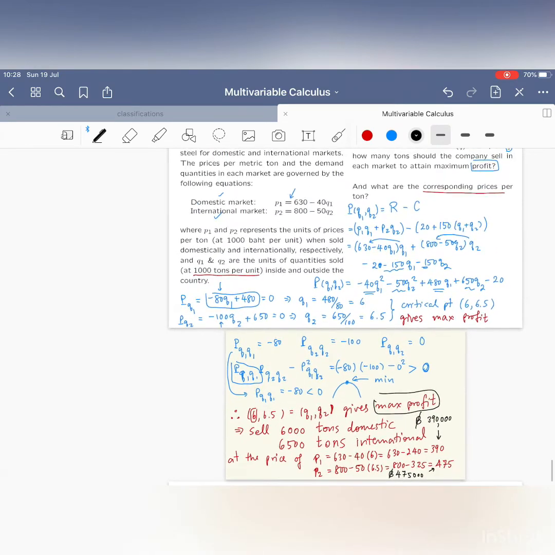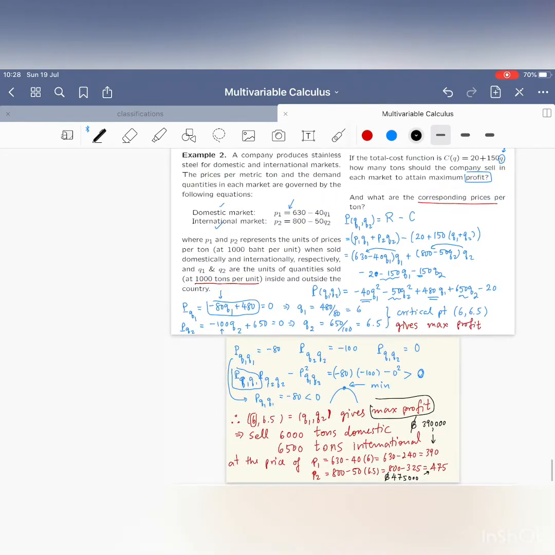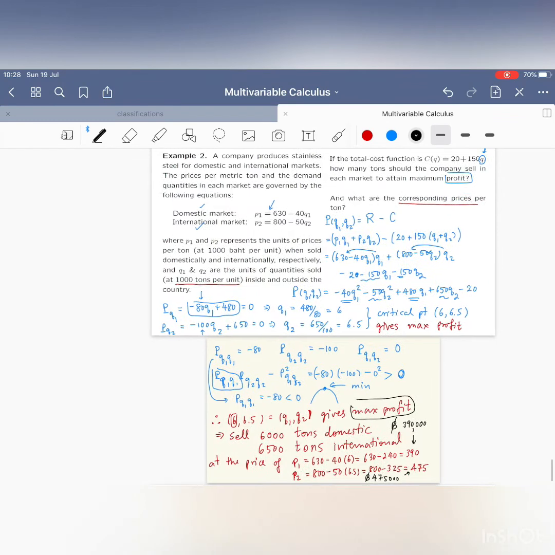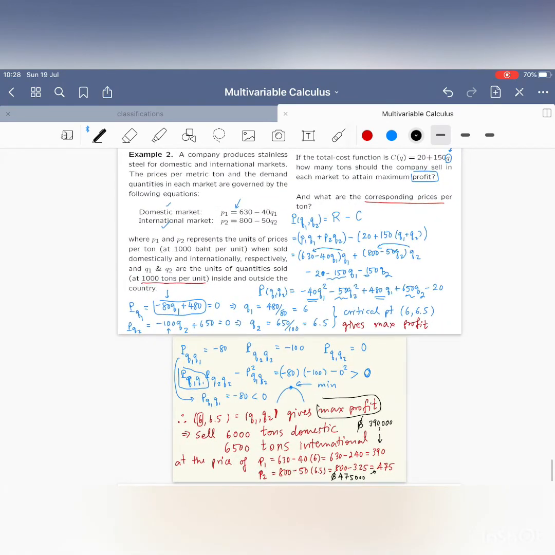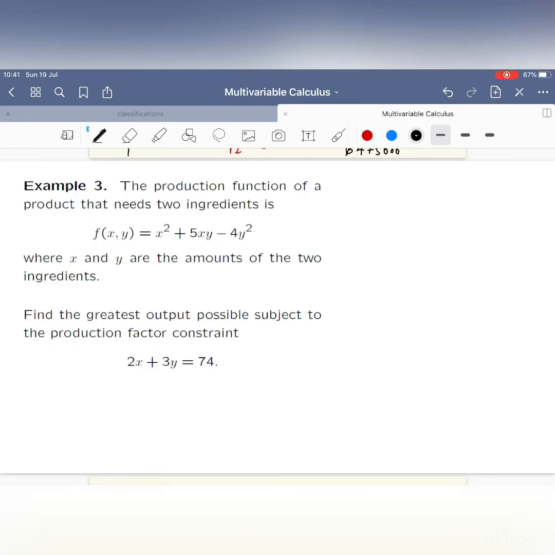So this problem is the same old relative extremum. You are going to find it without any constraint, without any conditions. Let's look at this example. This one is pretty straightforward because it says that the production function is given by this f of x, y.